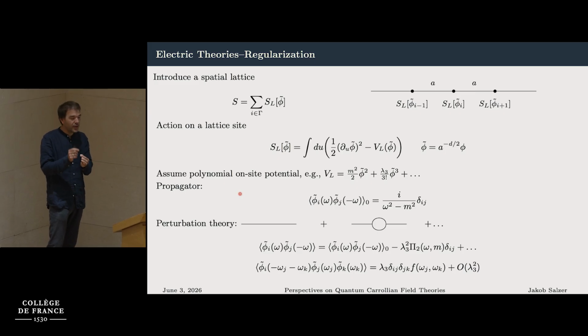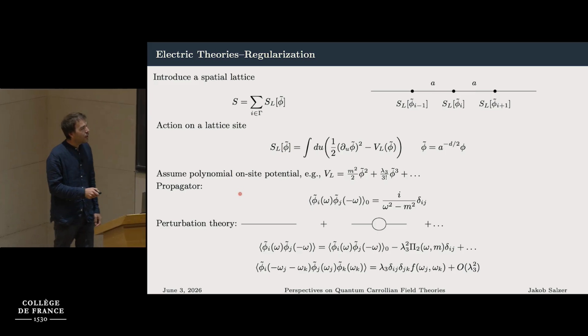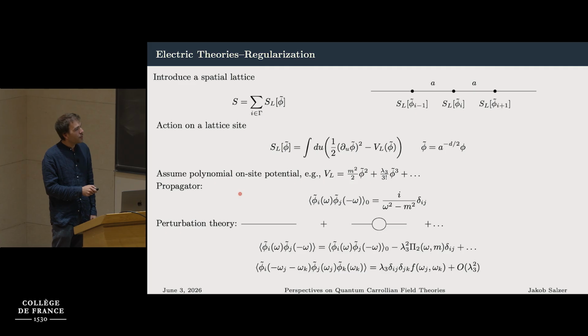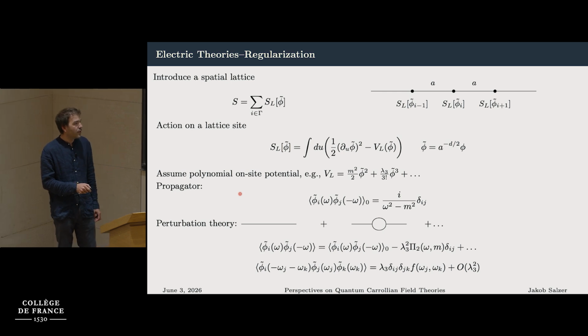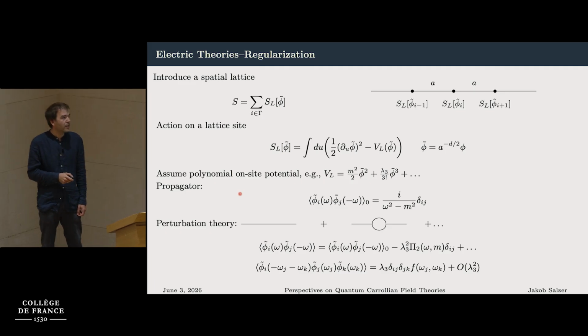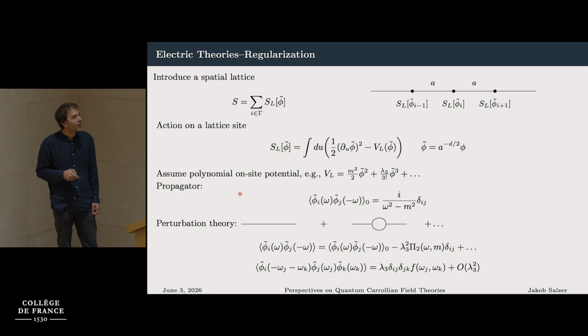I mean, everything is just happening at one point. So you can do perturbation theory, you have the propagator, it's corrected by some self-energy if you have a cubic coupling and so on. Similarly, you have a non-vanishing 3-point function, lambda 3, if you have a cubic coupling lambda 3, non-vanishing 4-point function, whatever, so whatever you put here.